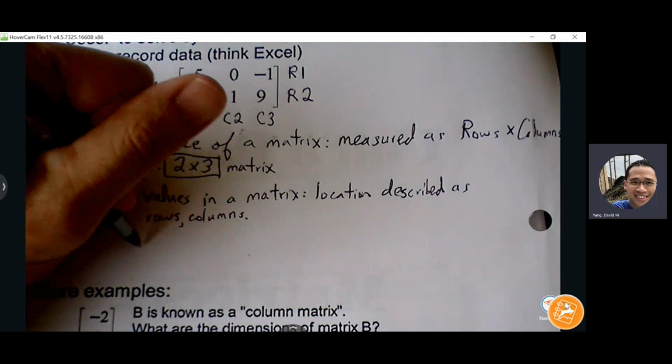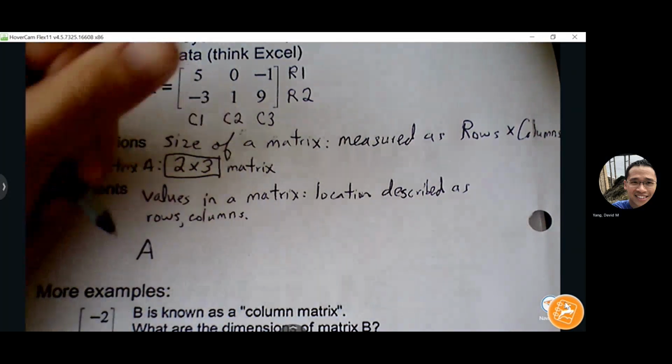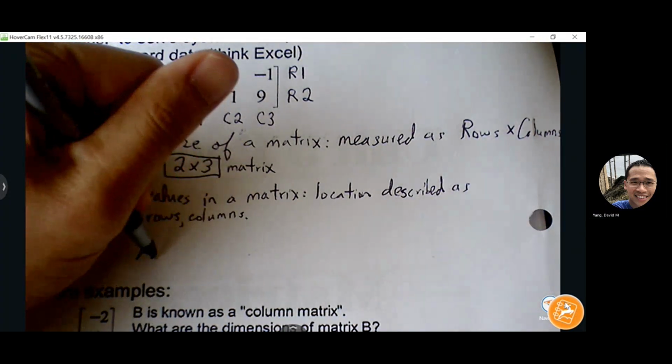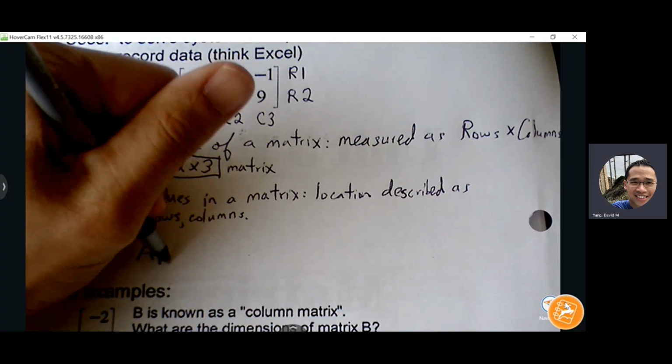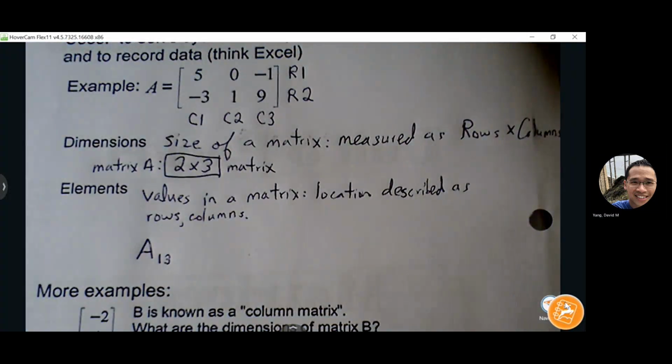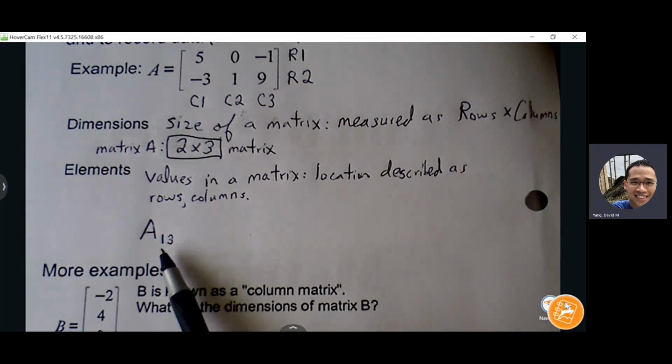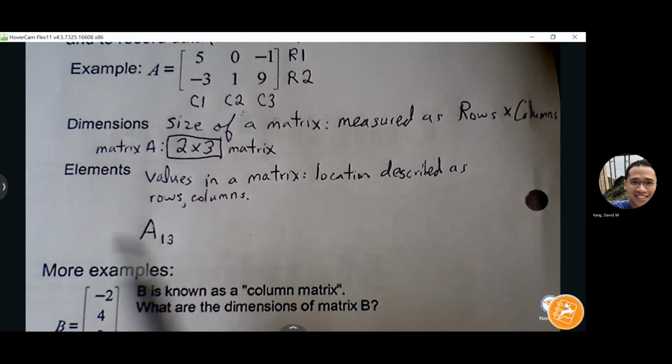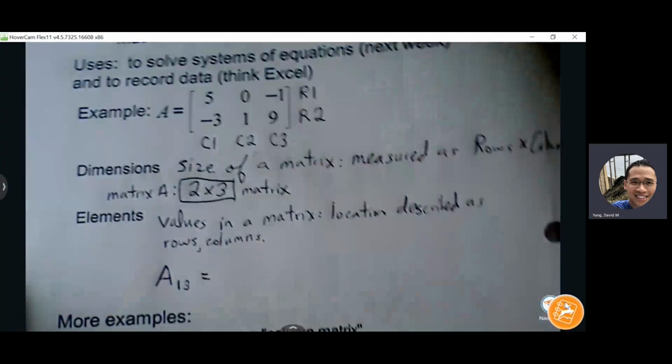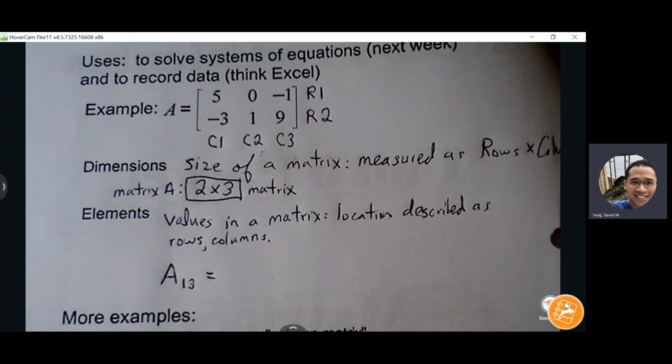So let's say I want to find the element in this location. Now, this looks like 13, but it's really: find the element in matrix A, the value that's located in row 1, column 3. So which value is located row 1, column 3?